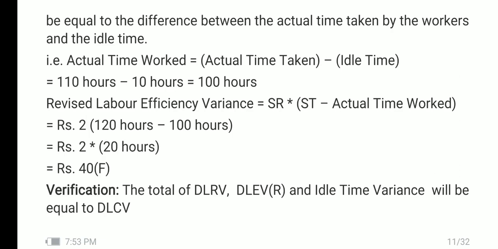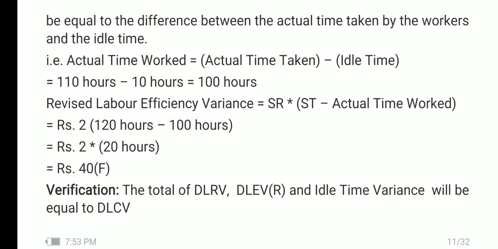Now, revised labor efficiency variance is equal to standard rate into standard time for actual output minus actual time worked. Not actual time taken, but actual time worked should be deducted now.